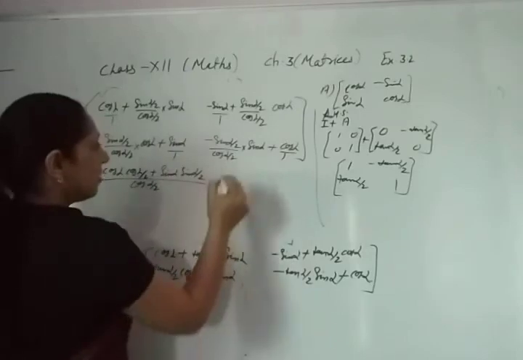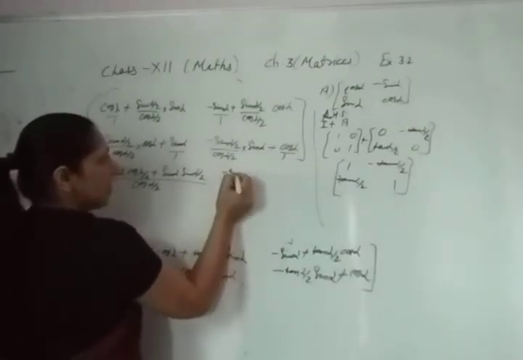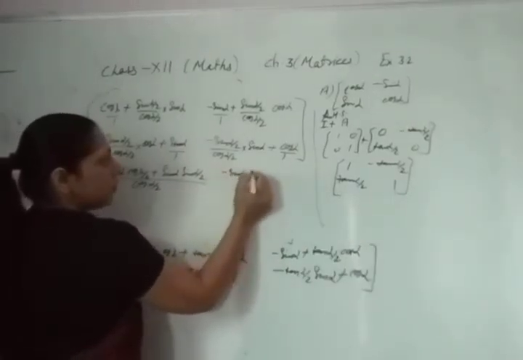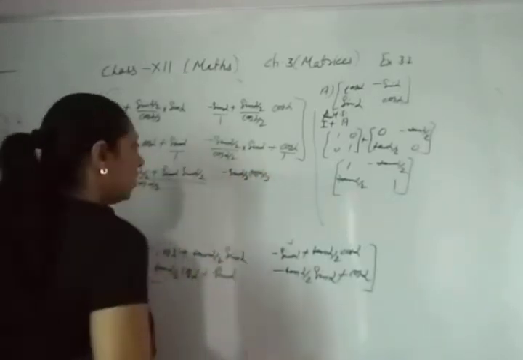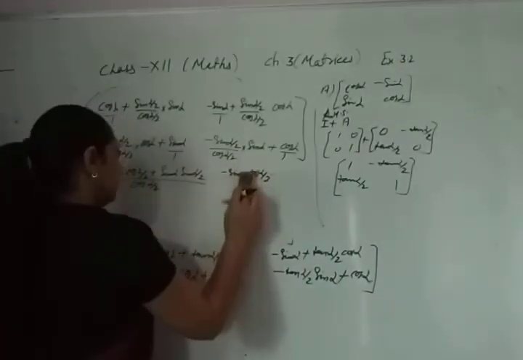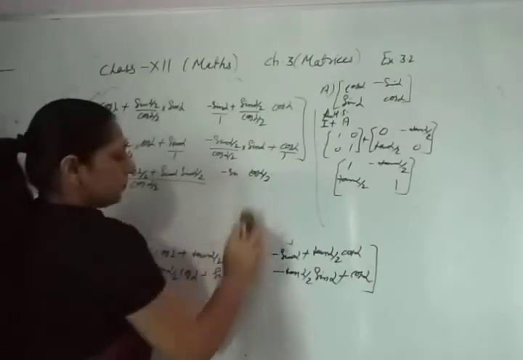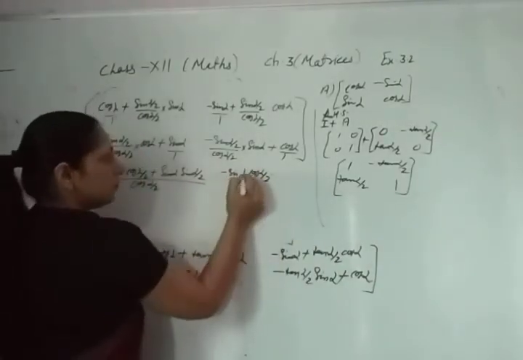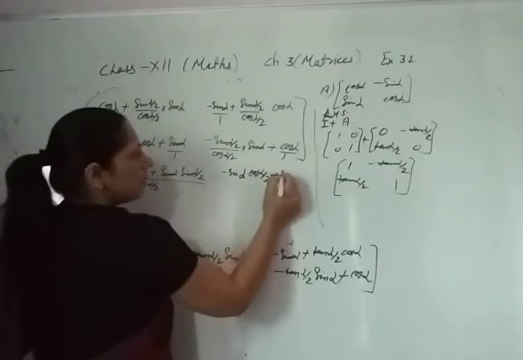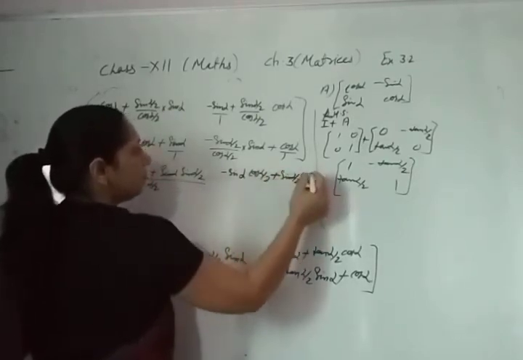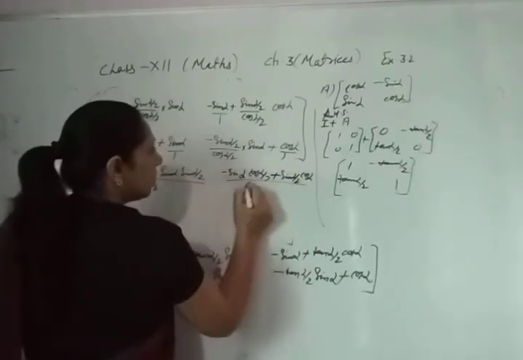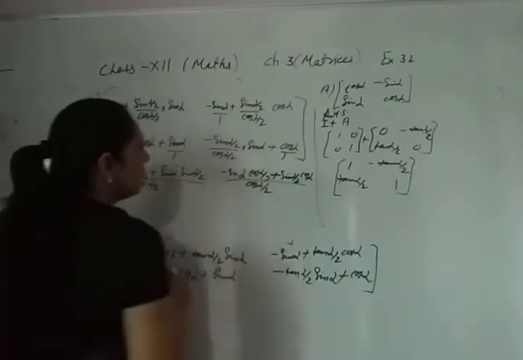Similarly, this one is minus sin alpha by 2 cos alpha... sorry, it's only sin alpha, plus sin alpha by 2 cos alpha upon cos alpha by 2.